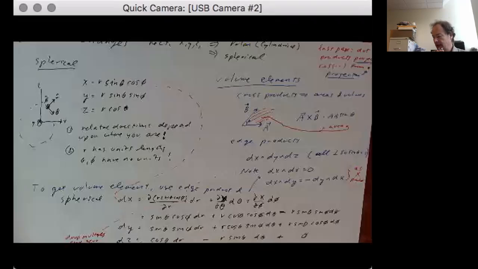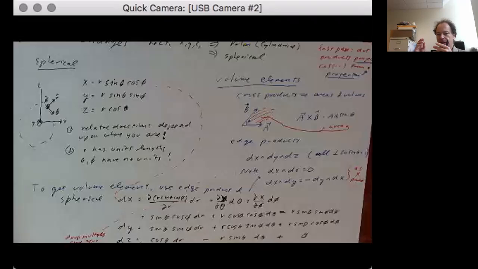What I'd also like to do in this lecture is to talk about all the other things you need. For example, what are the unit vectors in spherical coordinates compared to Cartesian x, y, z coordinates?